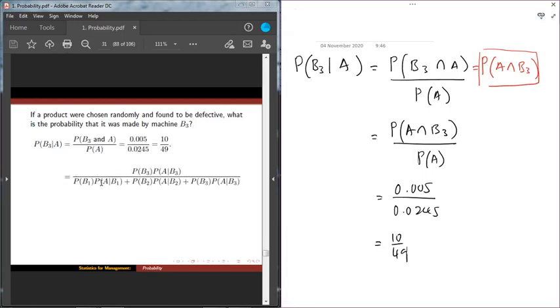You can read this formula by yourself instead of me explaining. You try to read and answer the questions, try to understand.